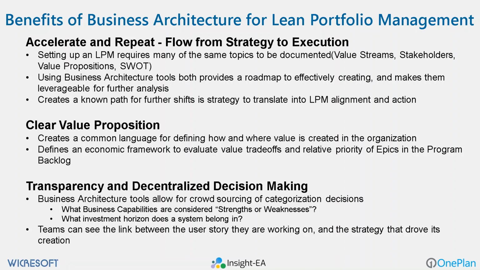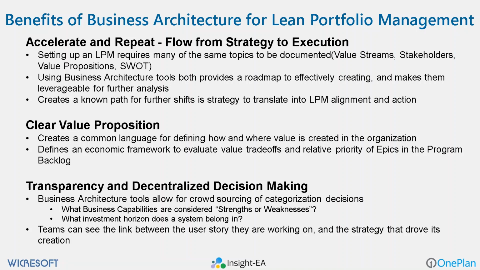Another large benefit is that using business architecture crystallizes that value proposition, because you have a lot of rich artifacts and rich background and rich support to what you're calling a value proposition. And it becomes less of a sales pitch and more of a really well thought out justification.